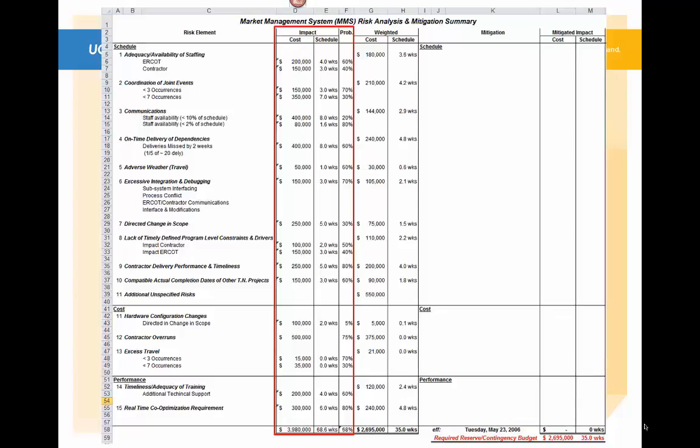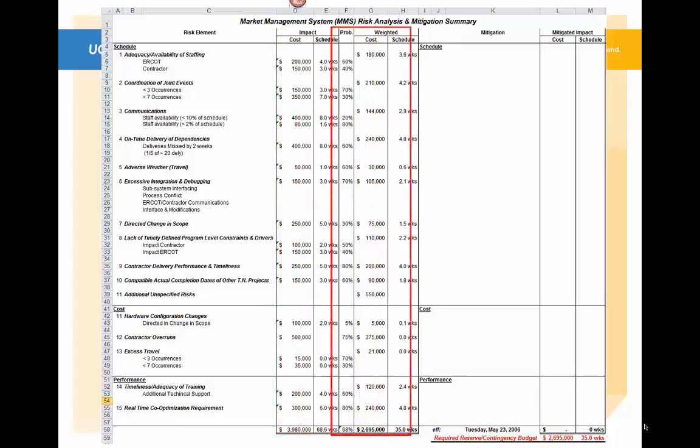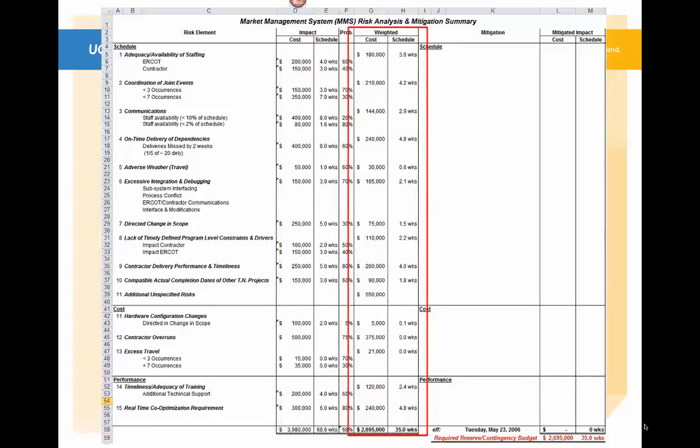What is the net or the weighted probability? Based on the probability of the impact, we could look at a weighted cost impact and a weighted schedule impact. And that was what we had set up for that first project risk assessment and mitigation.